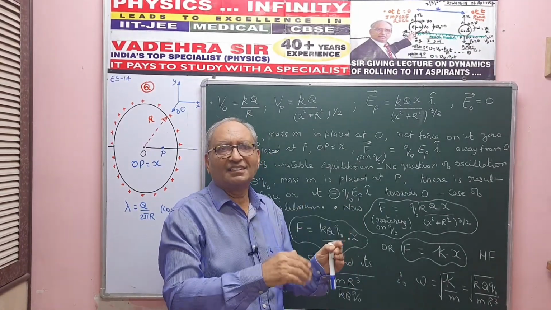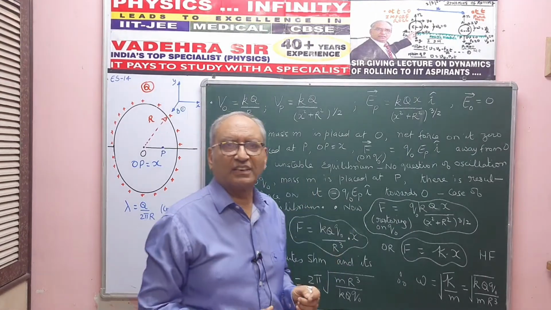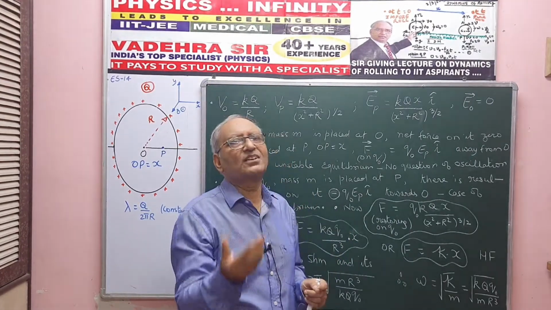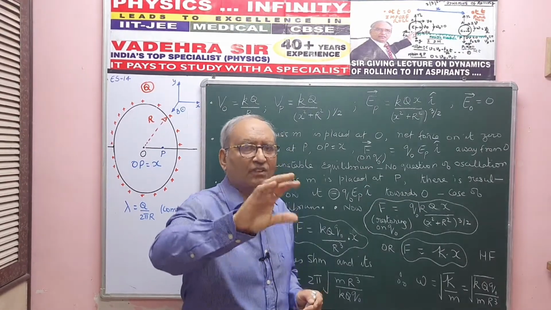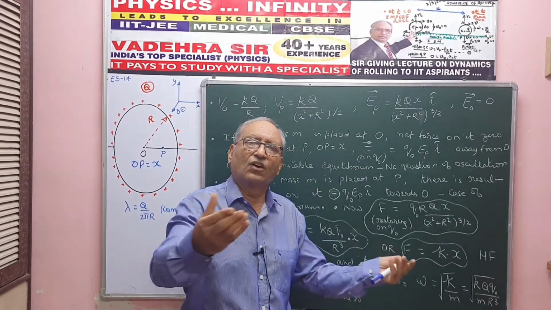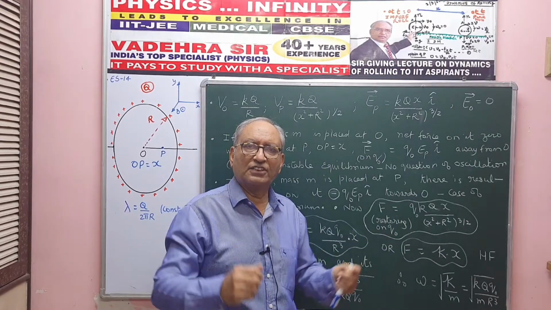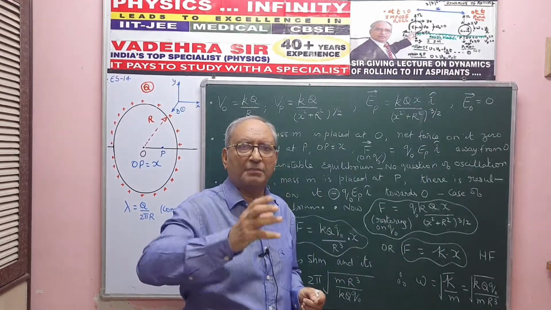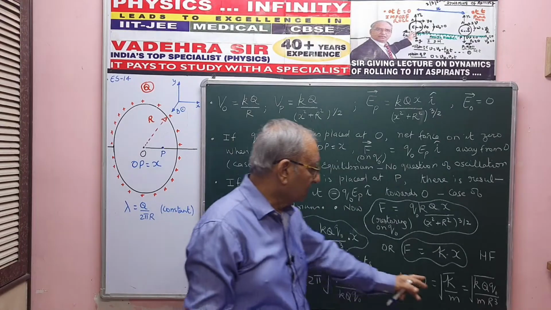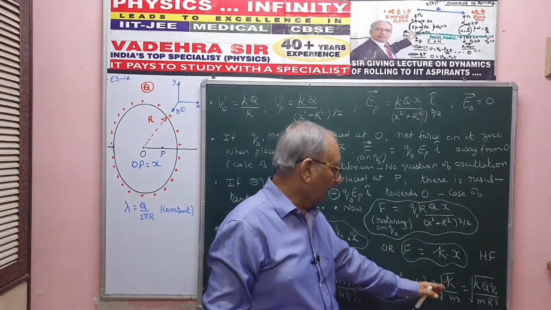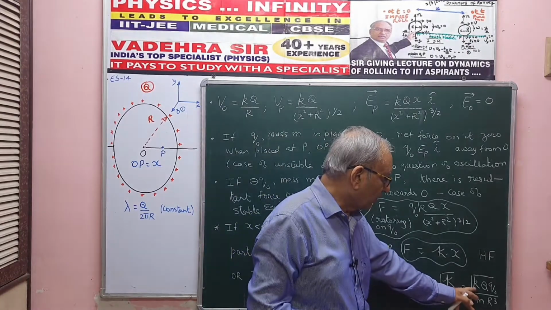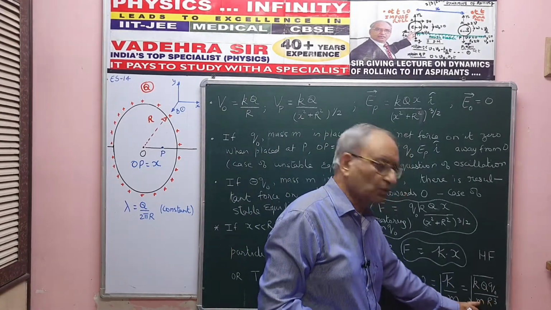And for that, straight away, you can use the condition that the angular frequency of oscillation will be the Hooke's constant divided by m, under the root. That's the simple technique of solving all oscillation problems. So omega is the Hooke's constant divided by m under the root. I just replace the Hooke's constant as small k Q Q naught upon r cube, divided by m.